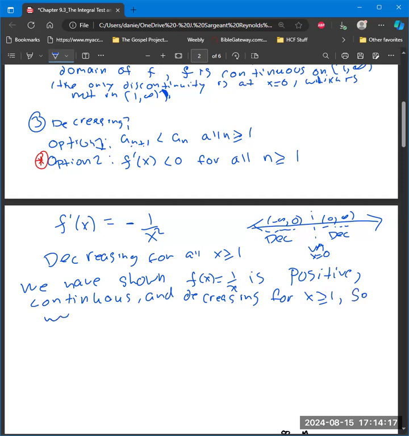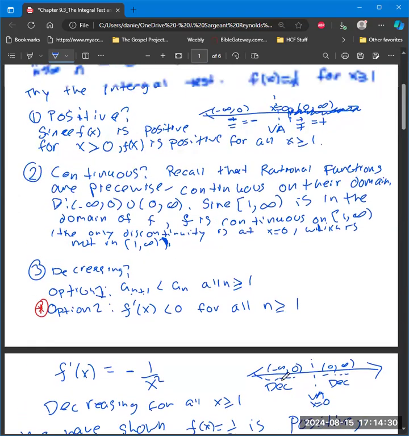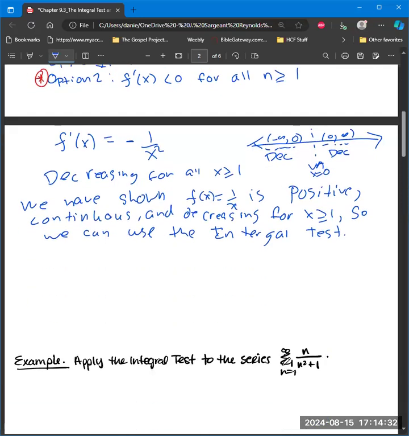So we can use the integral test. I think you're already getting the idea that this is not one of our favorite tests because of all the prep work that we have to do.